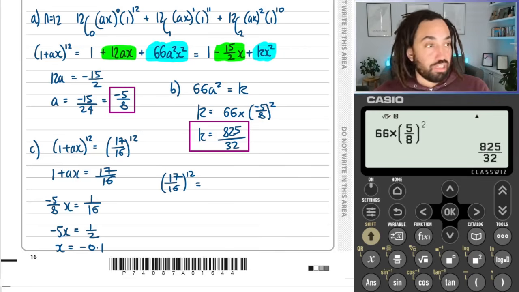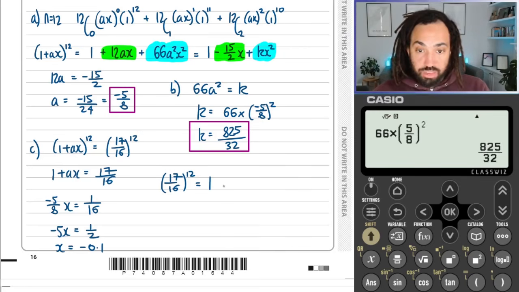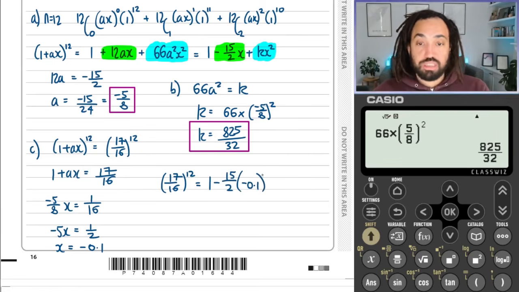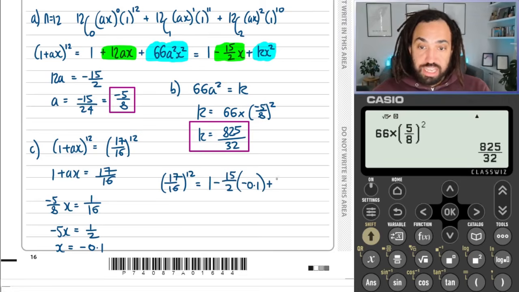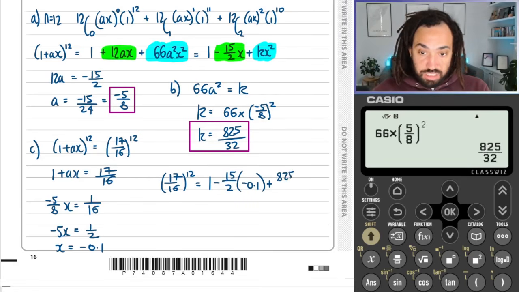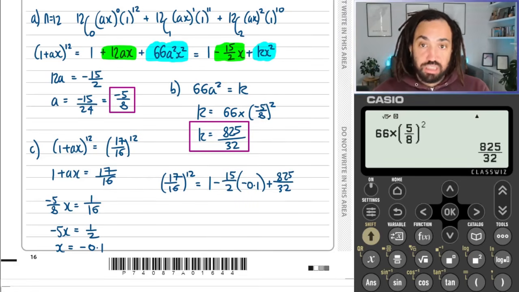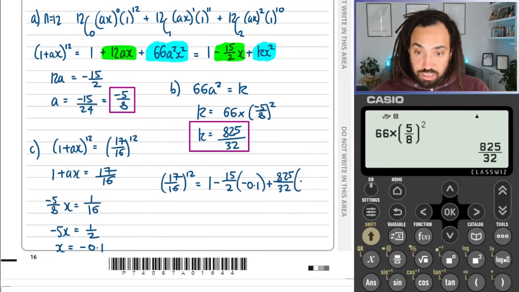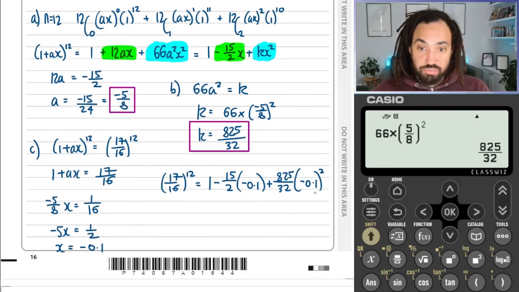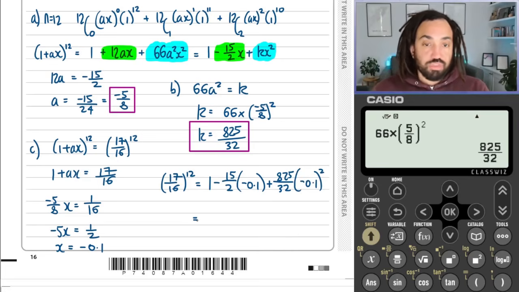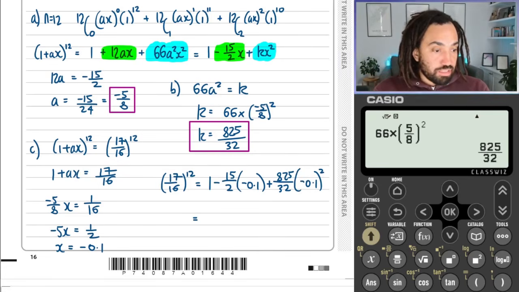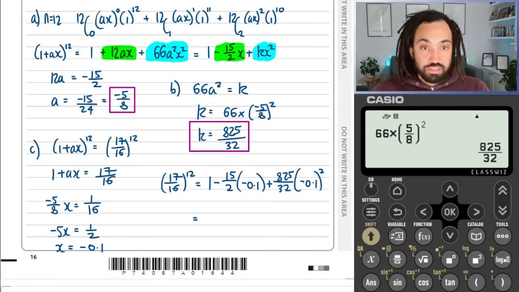So this is what the expansion is. It's 1 minus 15 over 2 x, which we're going to sub in, plus k, which is this, x squared, which is this. Okay, so that is definitely a calculator job.